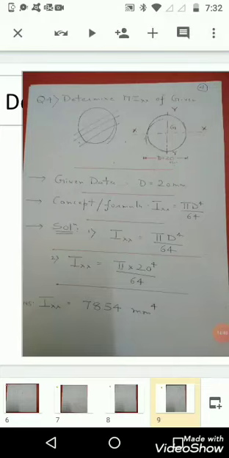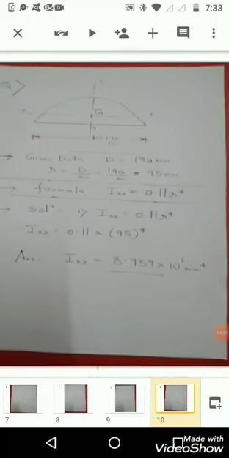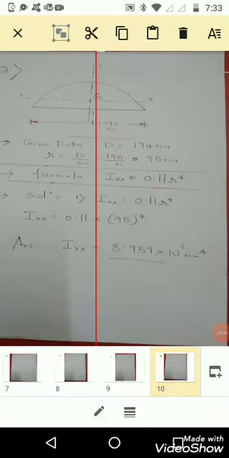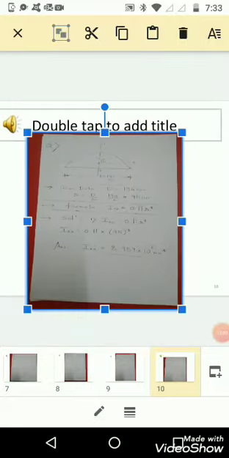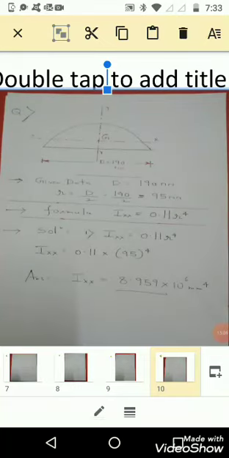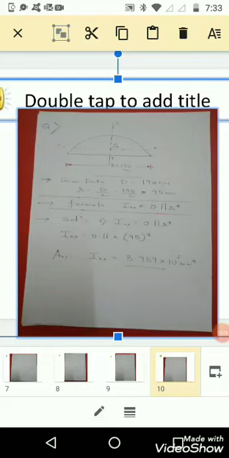Okay, next slide. Now here comes the semicircle. I think it's clear to you. Here the semicircle is in the same position as given in the formula, so it's easy for you to solve.